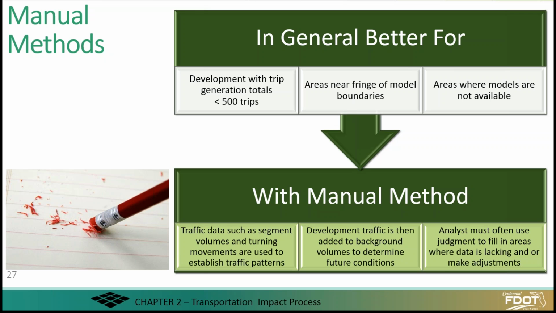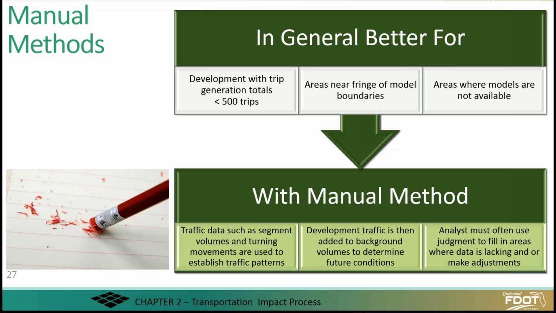It's for areas near the fringe of model boundaries where the models are not usually very well validated or calibrated, meaning that the model is more likely to have error at the fringes of the boundary, and so a manual process may be preferable to relying on the model. And areas where models are not available.